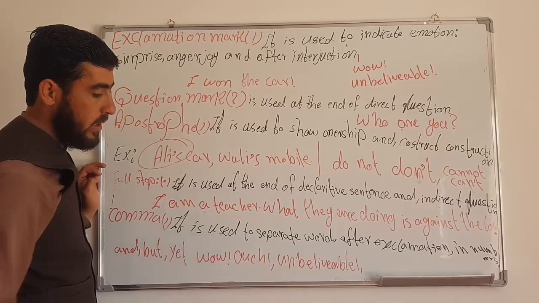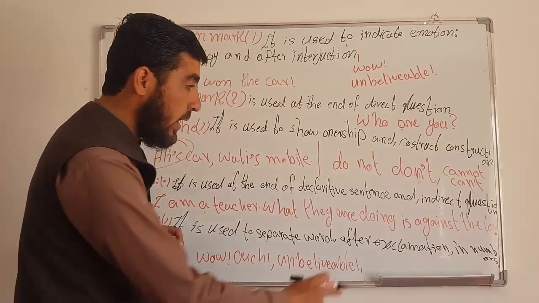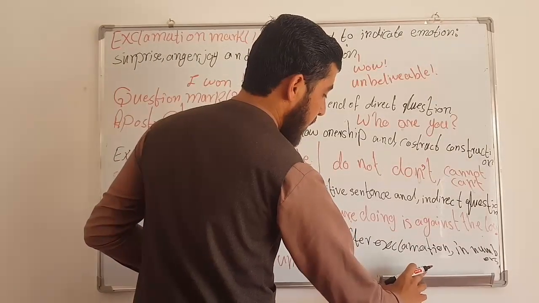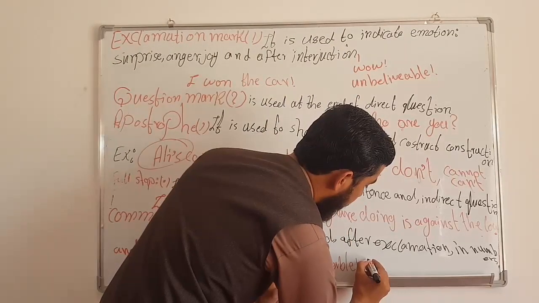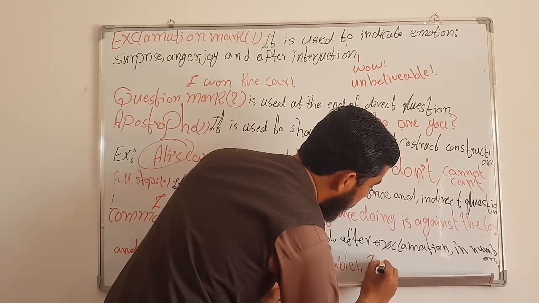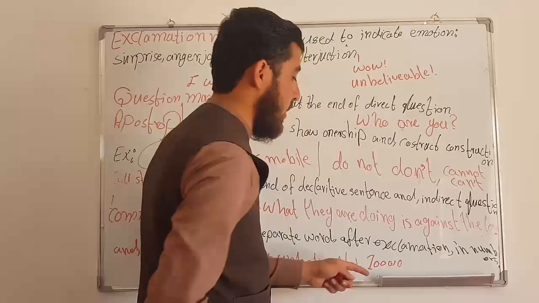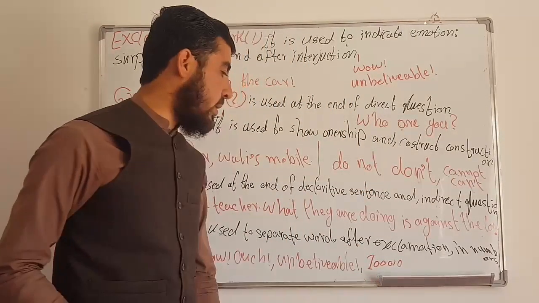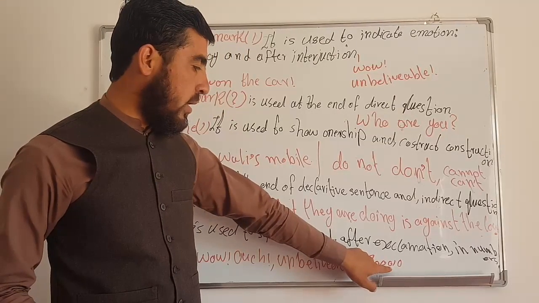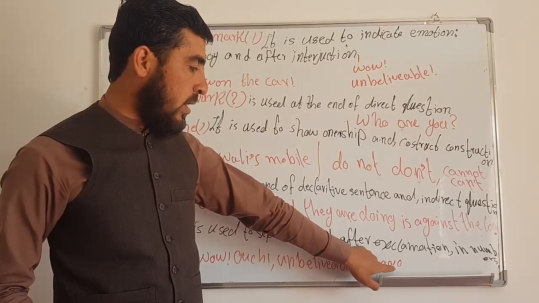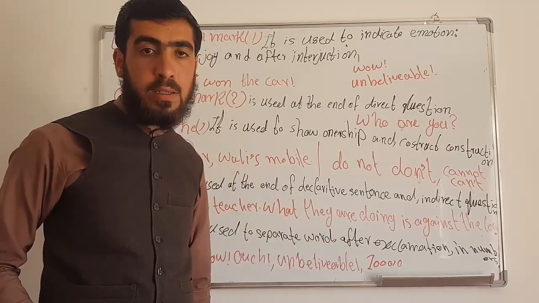Sorry, exclamation mark, right? And in numbers, for example, I should put a comma here and it's 10,000. After three zeros we should put a comma, and then a zero.